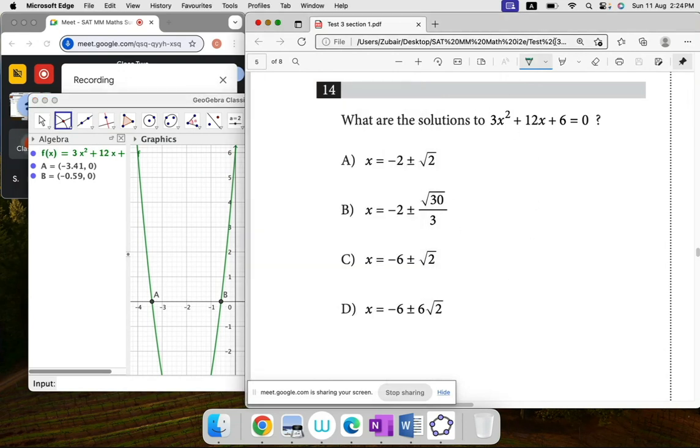So I'll just go for the quadratic formula. Minus b plus minus square root b square minus 4ac over 2a. And let me get my calculator. Got it.